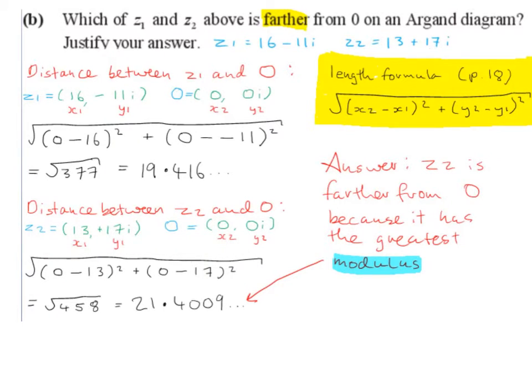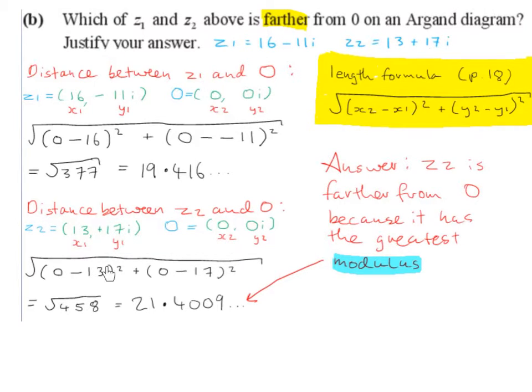So we have our big square root, we swap the x2 for 0, bring down the minus, we swap the x1 for 13, and we square it. Bring down the plus, we swap the y2 for 0, bring down the minus, we swap the y1 for 17, and square it.